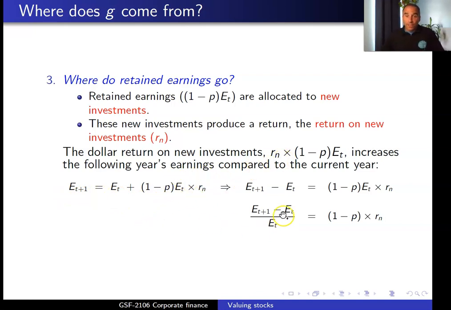If we rearrange this equation, E_{t+1} minus E_t is equal to retained earnings times the return on new investments. If we divide both sides of this equation by E_t, we obtain (E_{t+1} minus E_t) over E_t equal to (1 minus p) times R_N.